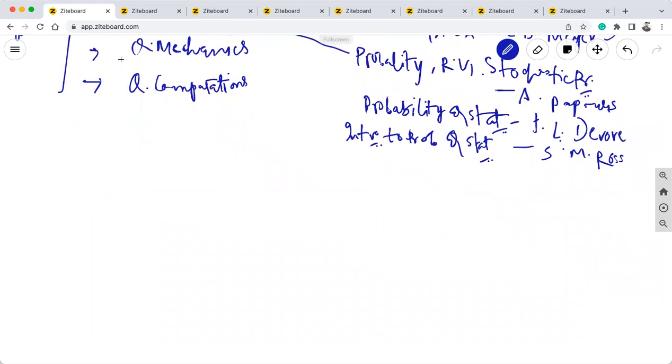So for quantum mechanics, there are many books, but one can start with Introduction to Quantum Mechanics by David Griffiths.